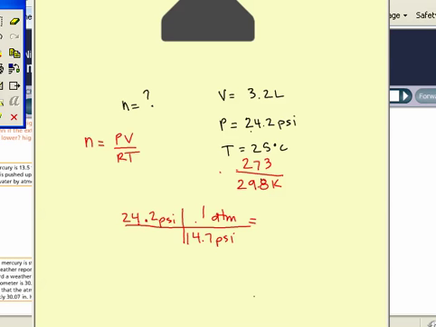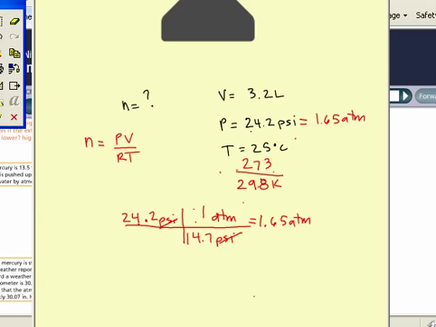Okay, and my calculator tells me 1.65 atmospheres. Let me just make sure our psi cancel out. So my pressure up here is 1.65 ATM.